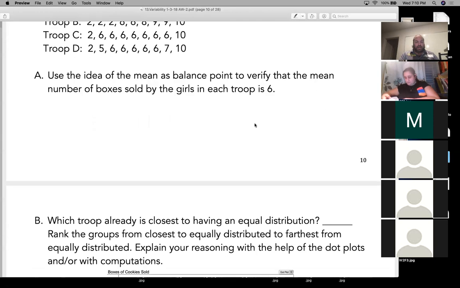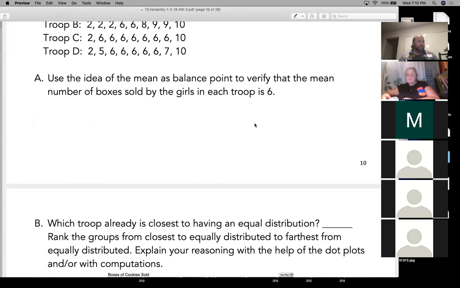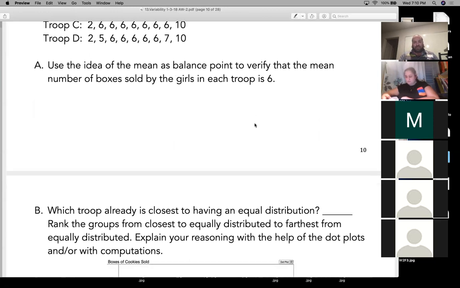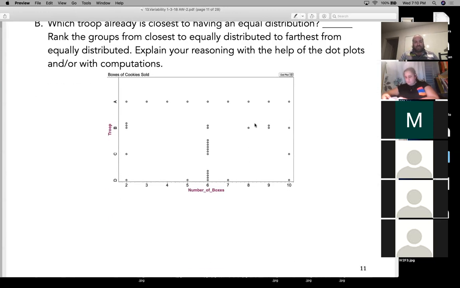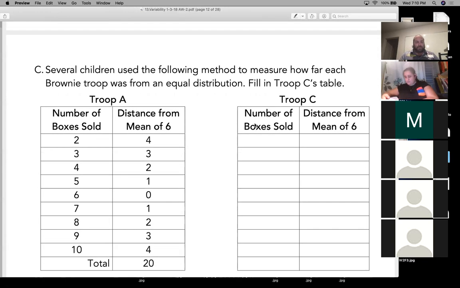Okay. The question was which troop, well, I don't really want to do B again because it doesn't really add to our discussion. What I want to do is as follows. Look at troop A. Here we have troop A written down, and what's written is each value, and how far each one is from the mean.